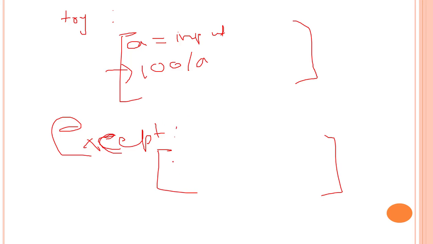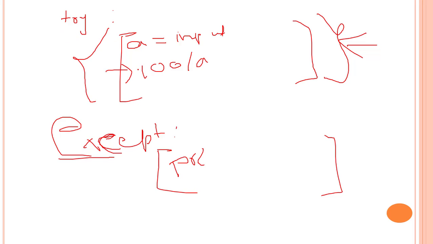Whatever code you have in except, let's say a print statement saying you are trying to divide a number by 0, will run. So if an error occurs in the try block, whatever you have written in the except block will be run. Whatever error is there, it will be handled by the except block. But if there are no errors in the try block, then whatever is inside the try block will run just fine.